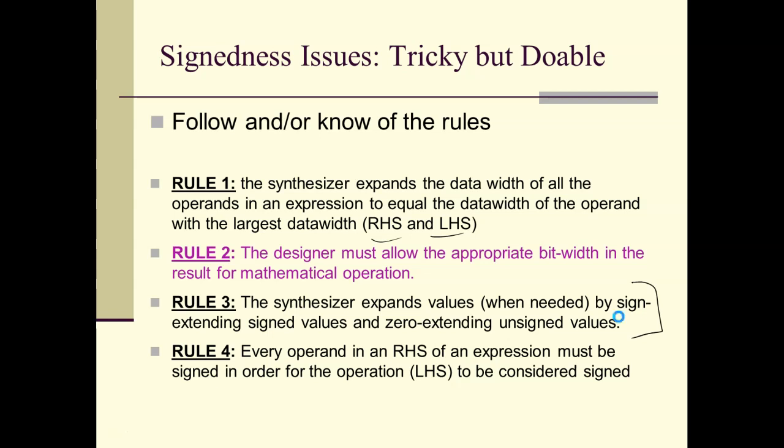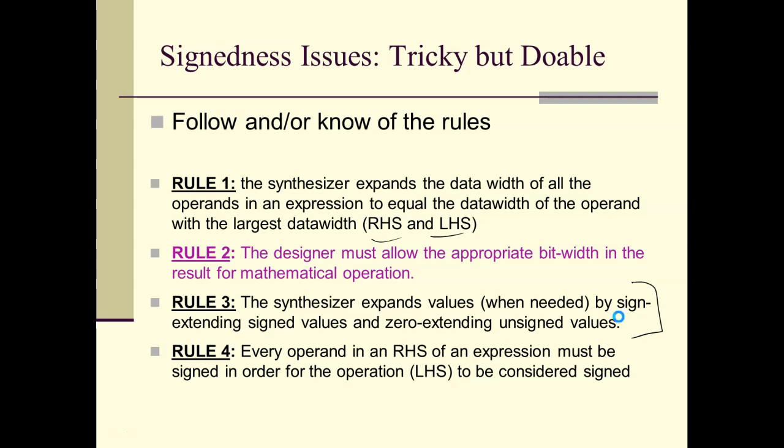And the last one is that every operand on the right-hand side of an expression needs to be signed in order for the result to be signed. The ramifications of this are really important. If I have an expression with 10 operands on the right side of the equal sign, and one of them is unsigned, it will consider all those operands unsigned.